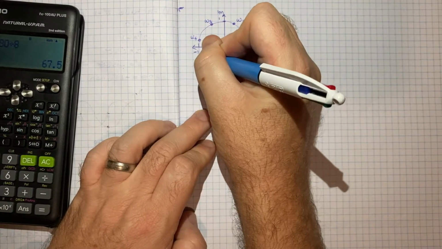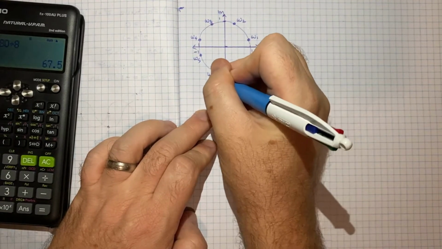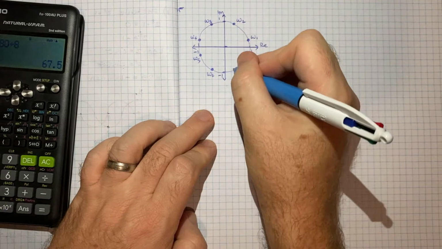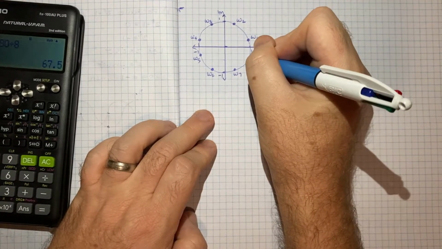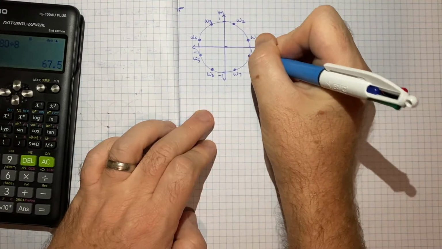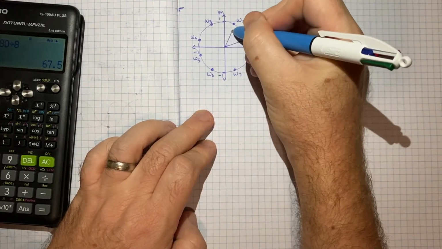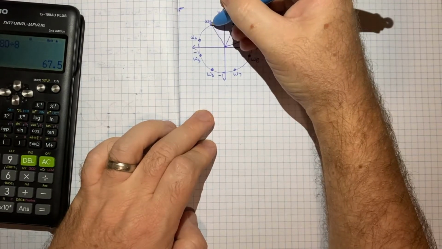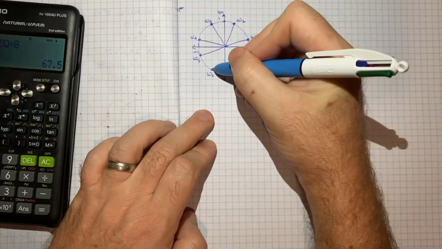Come down. Omega 5. Omega 6. Omega 7. And omega 8. So these are all the solutions to z to the 8 plus 1 equals 0.